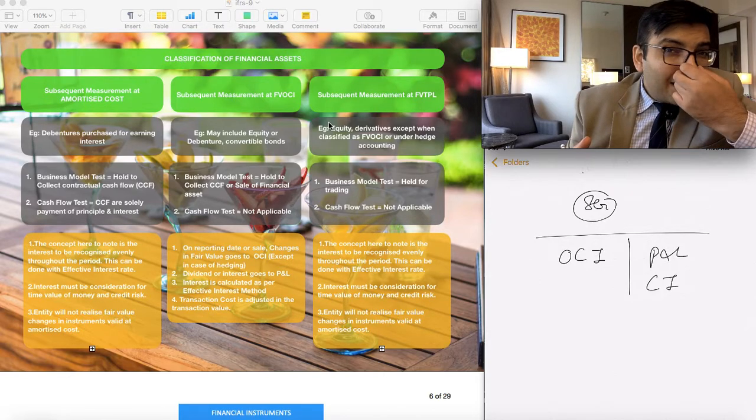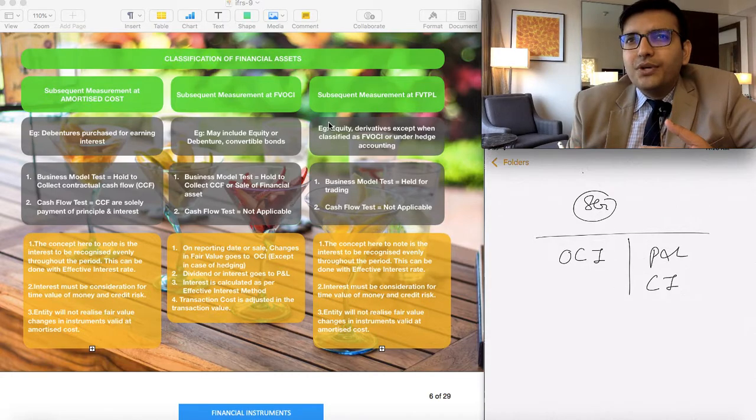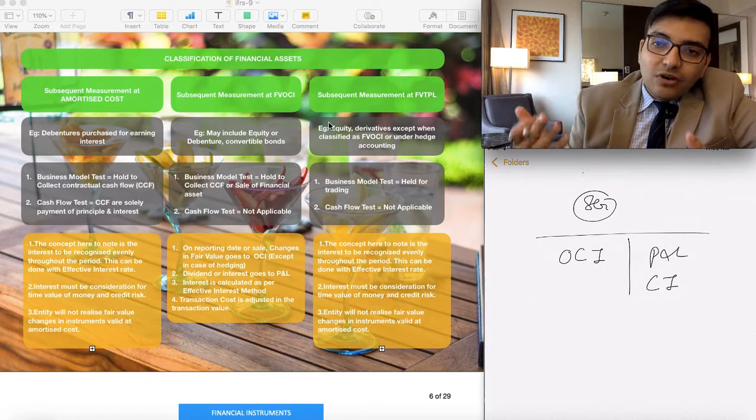In other cases, like bad debt provision and everything, or you have invested in a company wherein you don't want to sell that investment in the short term, you want to hold it for the long term.